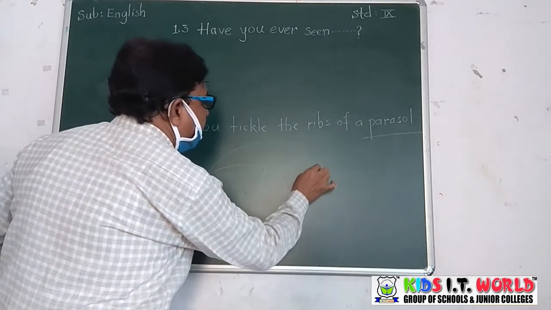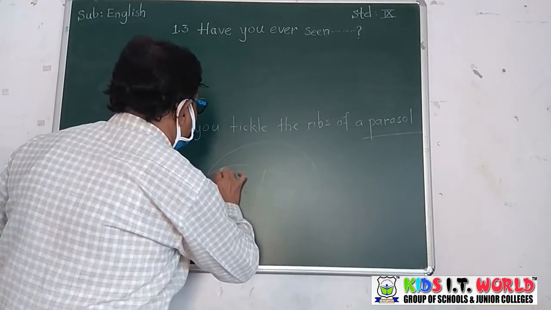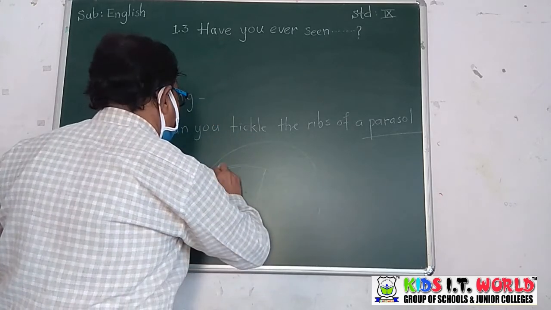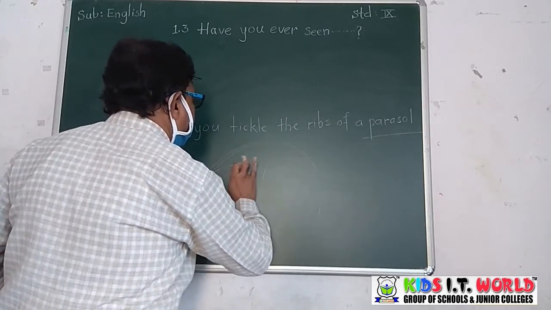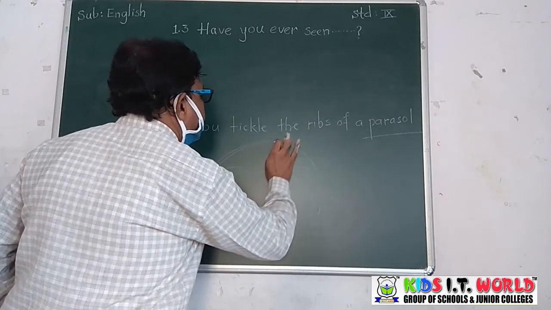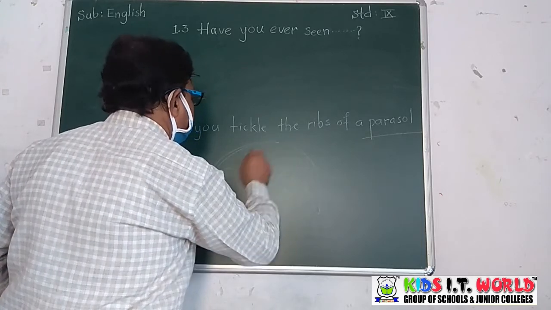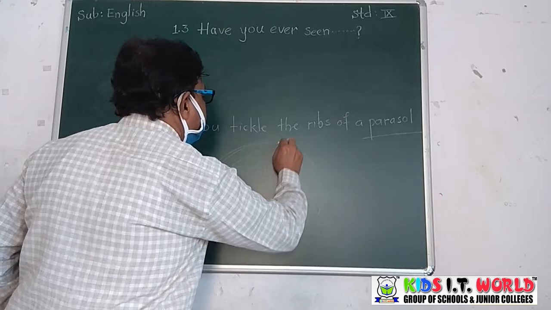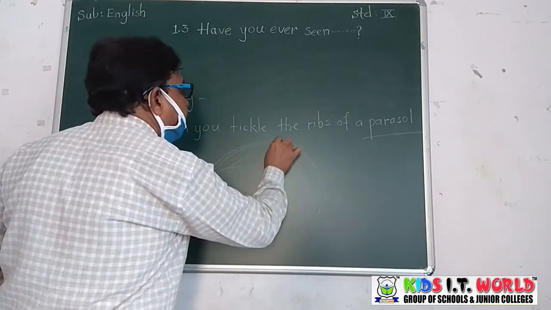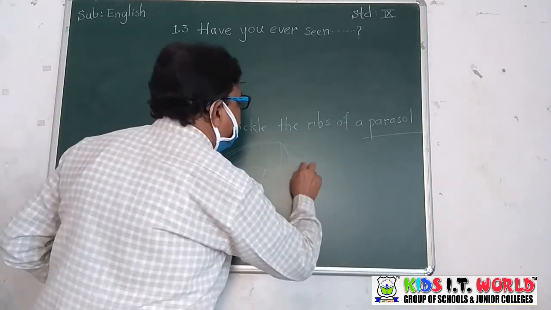You know what an umbrella is? And this umbrella is having such spokes. These are called spokes.